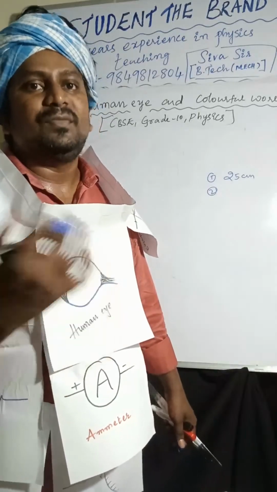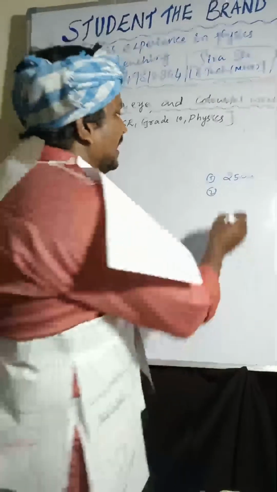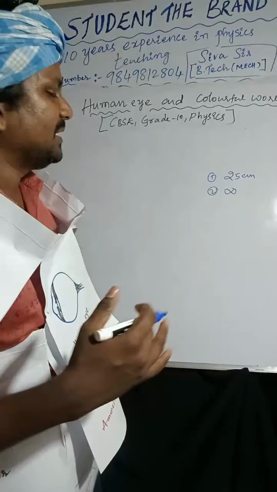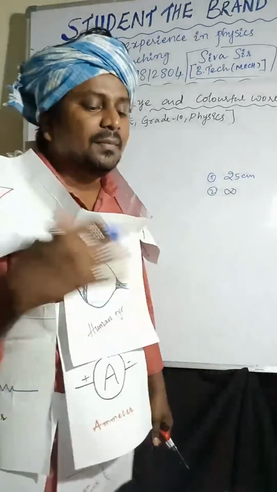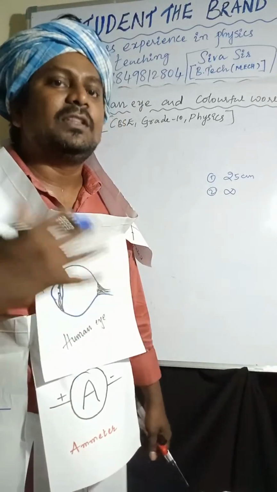The far point of a normal person is infinity, because the far point is the maximum distance up to which the person can see clearly without any strain.